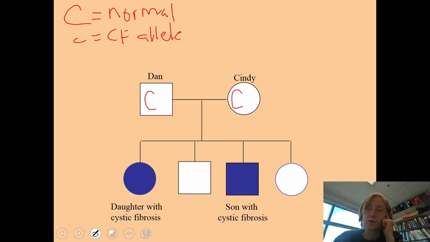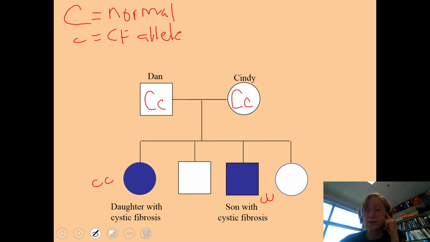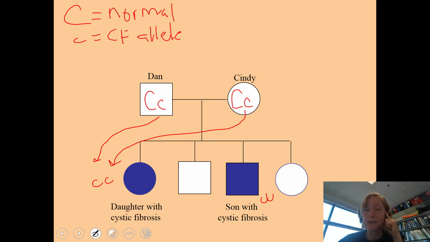But they also have a son and a daughter who have inherited two recessive alleles and have the disease. Where did that come from? Both Dan and Cindy are carriers of the recessive allele. Each of them donates a little c to their daughter, and she gets two recessive c's, these two cystic fibrosis alleles, and she has the disease.